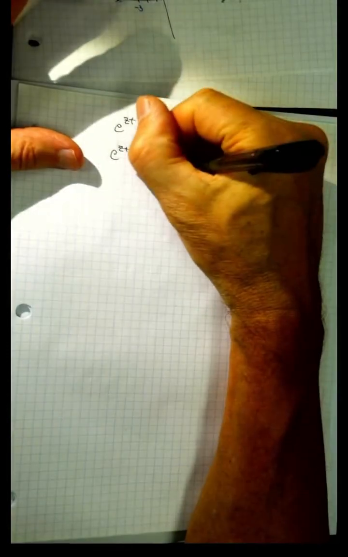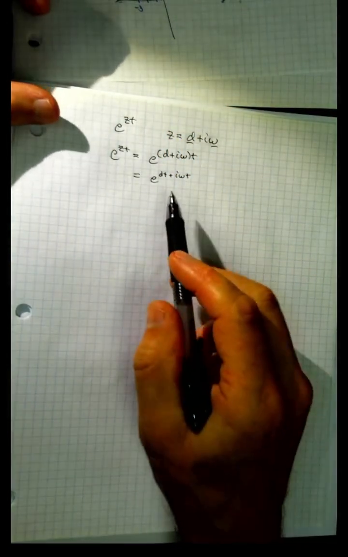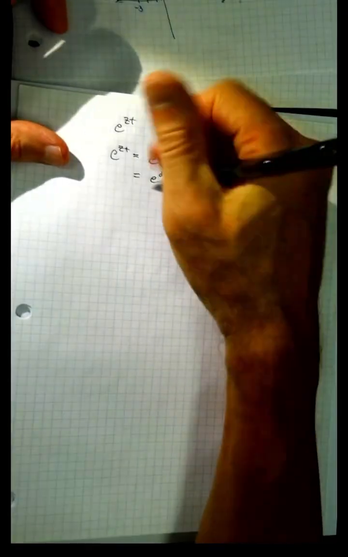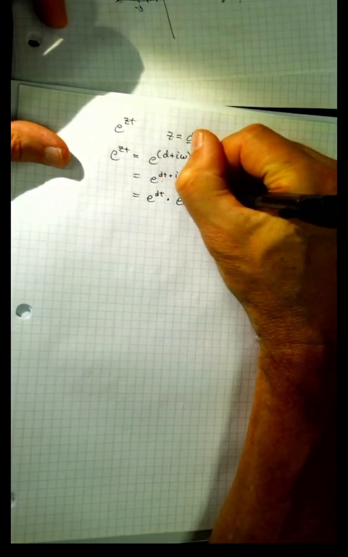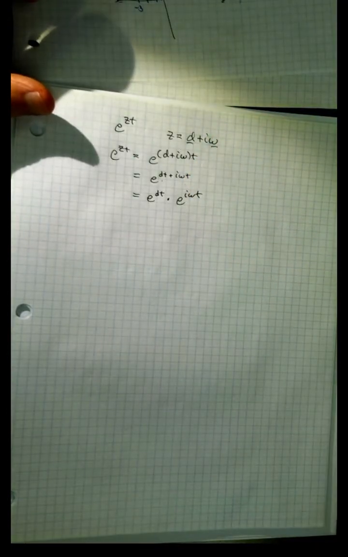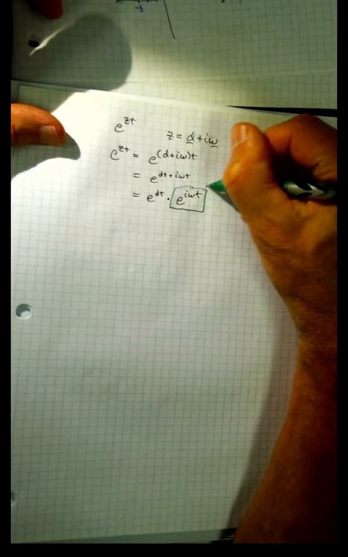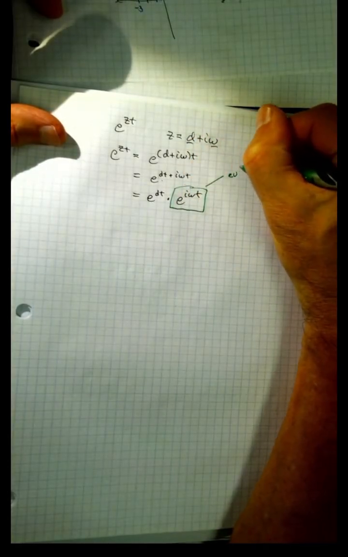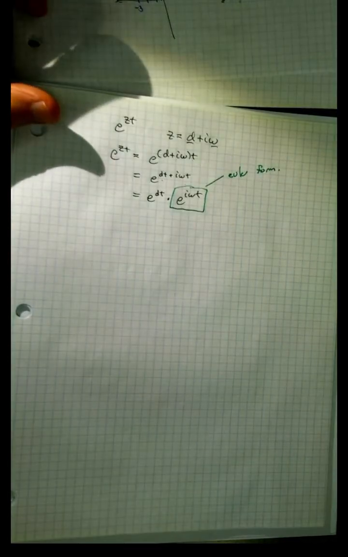I can multiply the t through. Now I can break this into two parts because I have e to the something plus something. I can write it as e to the first thing times e to the second thing. And this is exactly what we had before. This is the Euler form for a complex number.